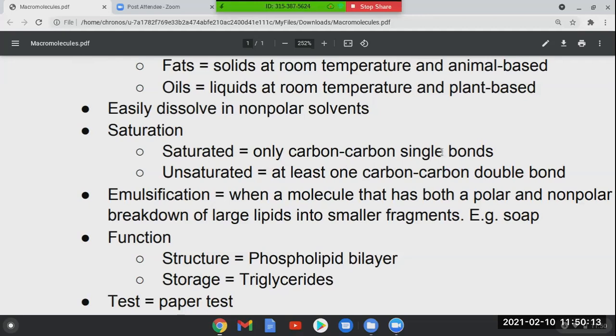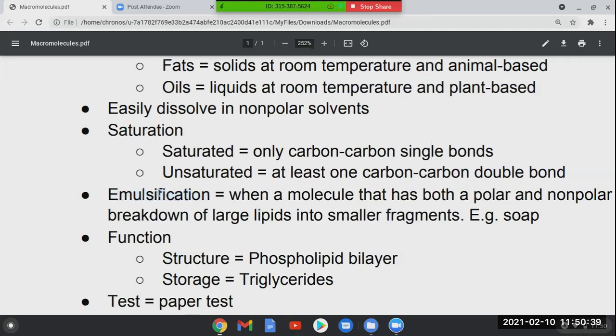And when we say unsaturated, they have at least one double bond. That means a carbon-carbon double bond. And because of that carbon-carbon double bond, there will be a kink in the molecule, which makes it less stable and, in a sense, less saturated.